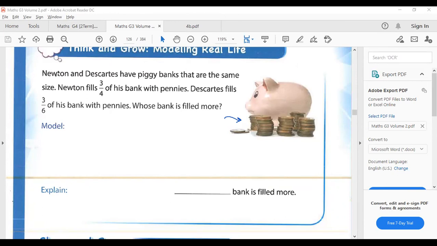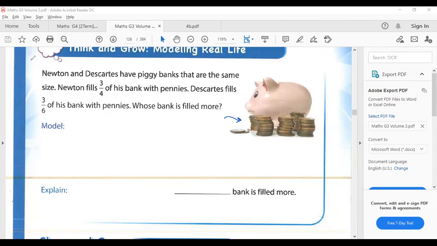My money is for my sister. Okay, you are generous. So you give your money to your sister. She is 4 years old.